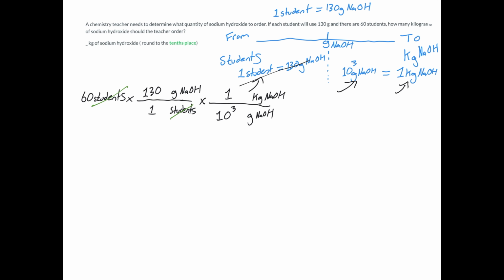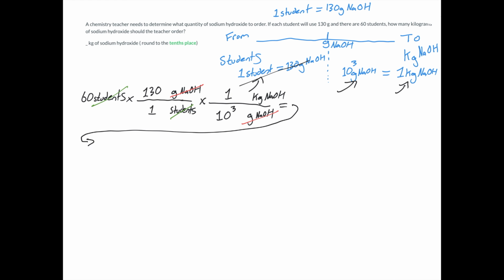Students. Grams of NaOH, grams of NaOH. And look, I'm ending up with kilograms of NaOH, which is what I want. Kilograms of sodium hydroxide, that's what I want. Now let's simplify. Let's go ahead and move it down here.